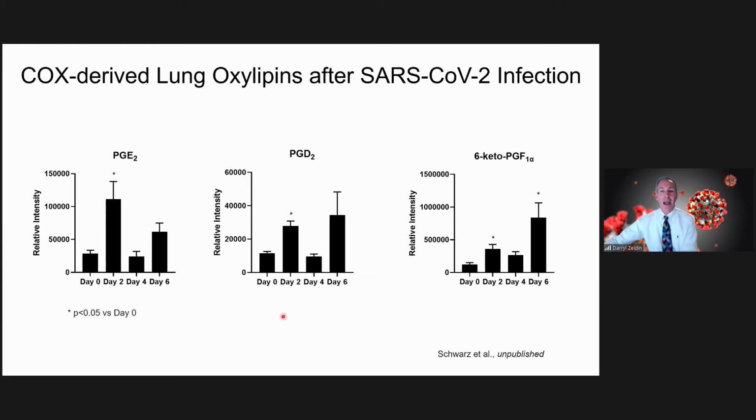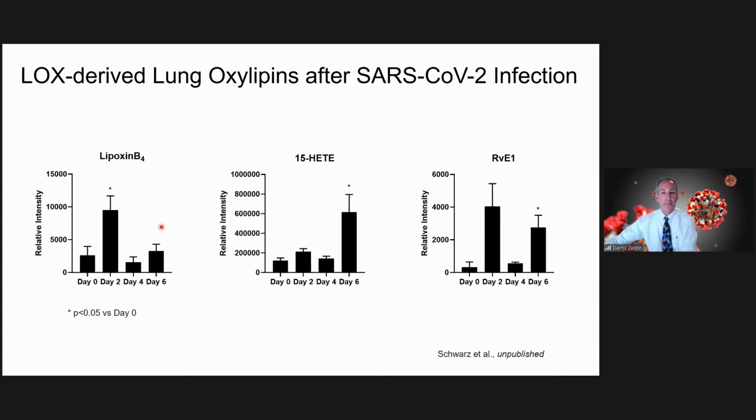The COX-derived prostaglandins in lung of infected mice showed a biphasic pattern in this study, where PGE2, PGD2, and the stable prostacyclin metabolite, 6-keto-PGF1 alpha, all were increased on day 2 post-infection, then went down, and then increased again as the mice developed severe pneumonia on day 6.